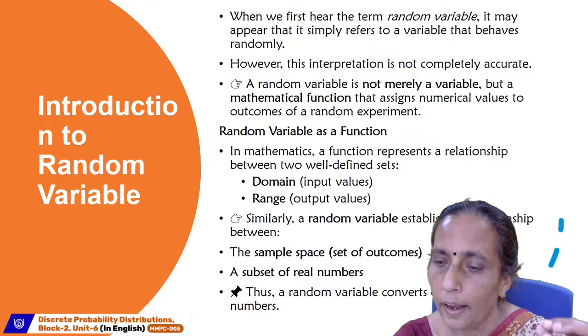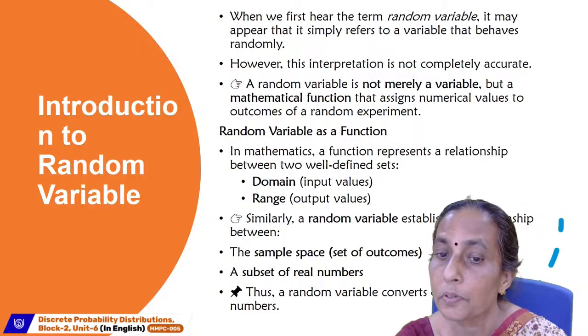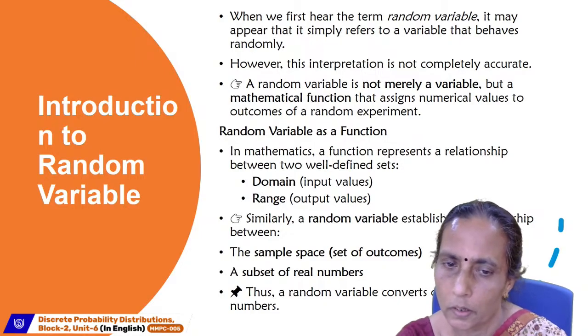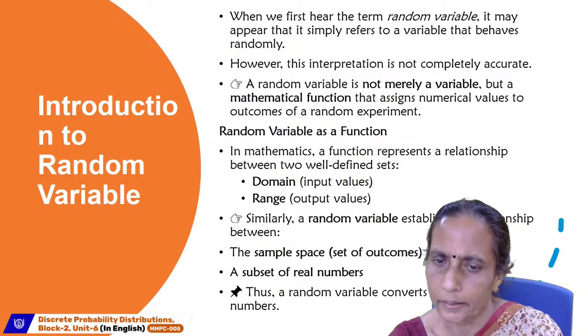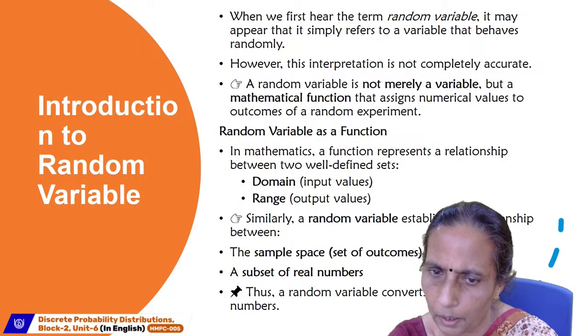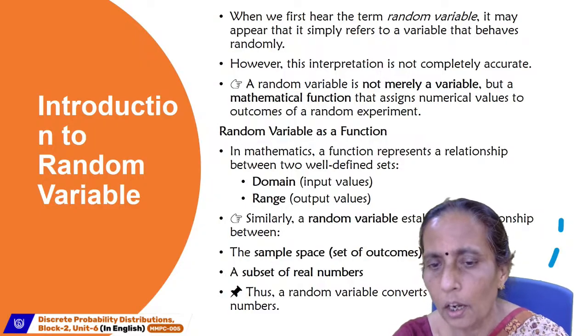So similarly, a random variable establishes a relationship between the sample space, that is the set of outcomes, and a subset of real numbers. By domain, I mean that the variable can take values from a set of values only, and the outcome of that variable, whenever the occurrence happens, the range is again within a set.